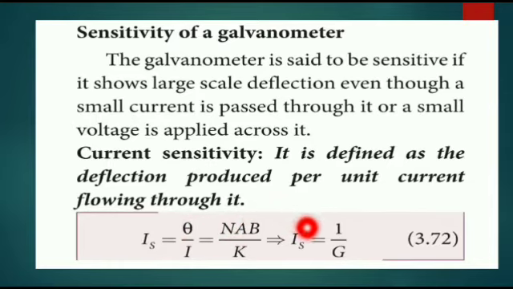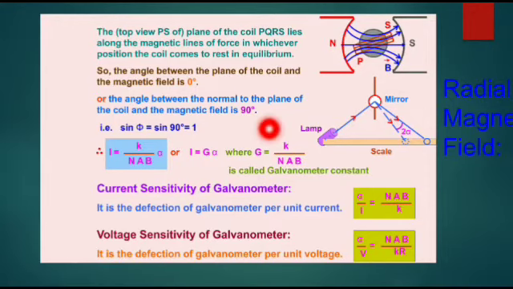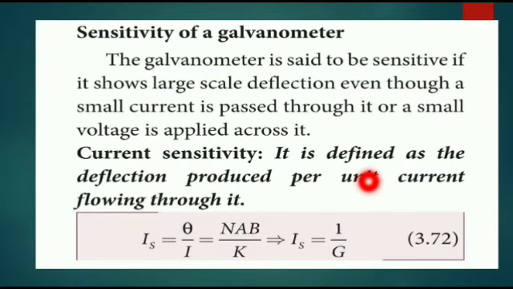Therefore Is is equal to 1 divided by G, the reciprocal of the constant. The current sensitivity is 1 mark, and the formula is also 1 mark.